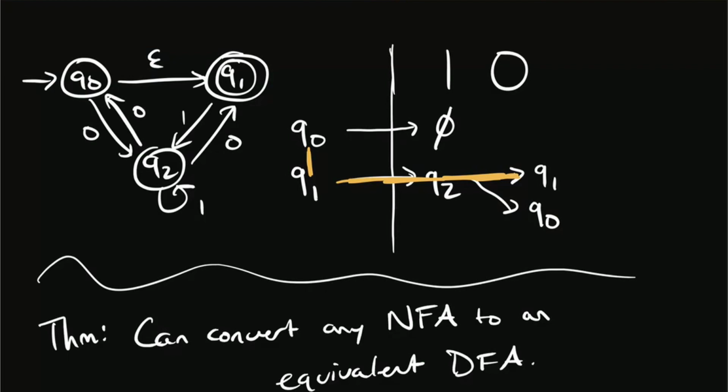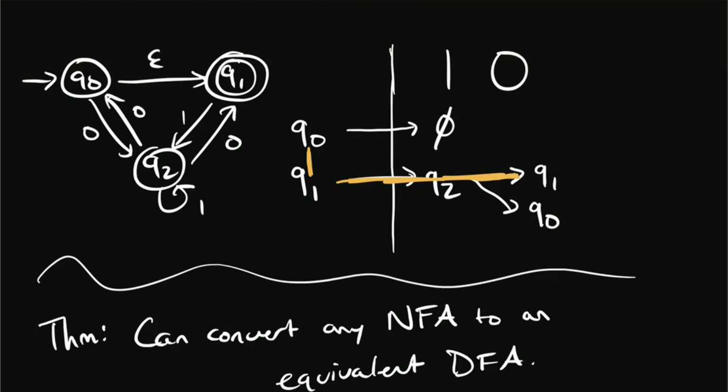Is there a place where we can get stuck in our computation and not be able to proceed any further? Yeah, so like the Q0 reading a 1 example, there's nowhere to go. So for some places, I could have a choice that is bad and gives me 0 states out of it.